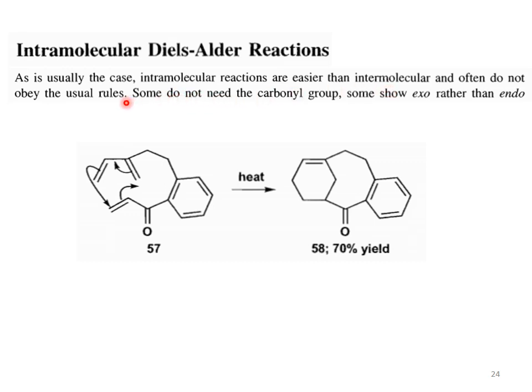This new 6-membered ring has a pi bond, and this pi bond has an electron withdrawing group opposite to it. So this product fulfills the requirement of the Diels-Alder reaction. Such reactions are called intramolecular Diels-Alder reactions.